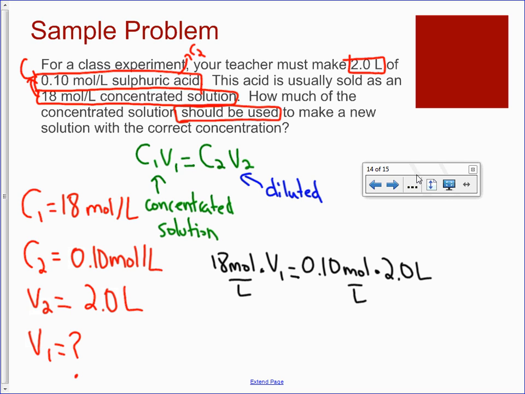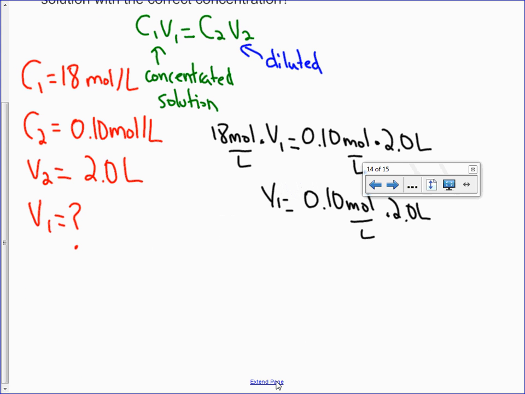When we rearrange our equation, we get 0.1 moles per liter times our 2 liters divided by our 18 moles per liter.